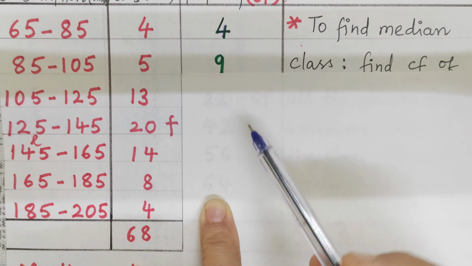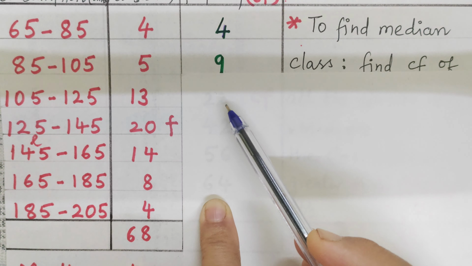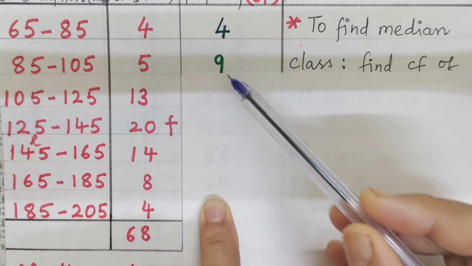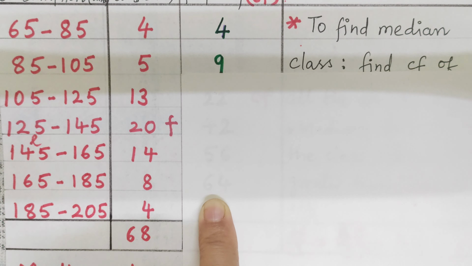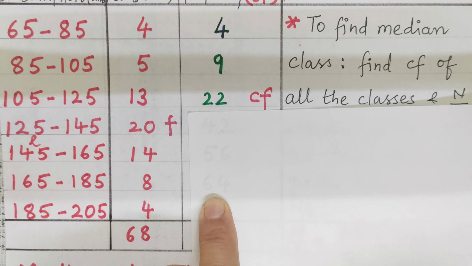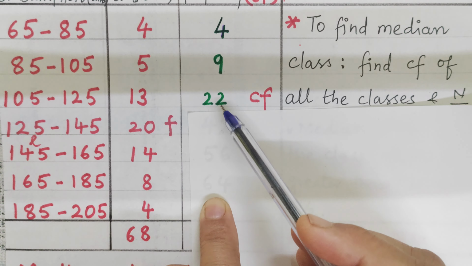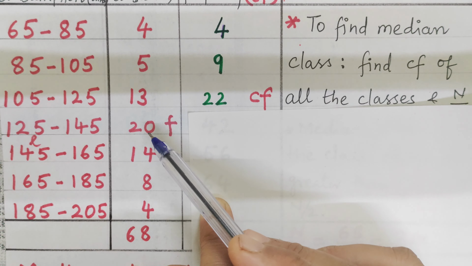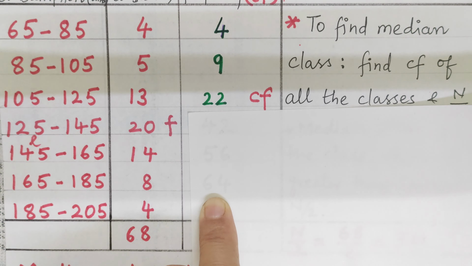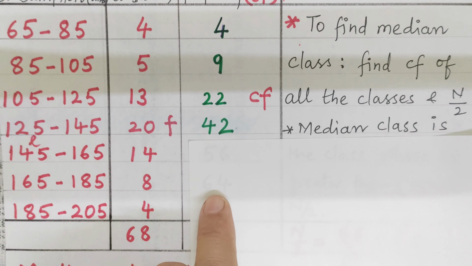The cumulative frequency for the next class will be 13 plus 9, which is 22. Cumulative frequency for next class will get by adding 20 and 22, which is 42.